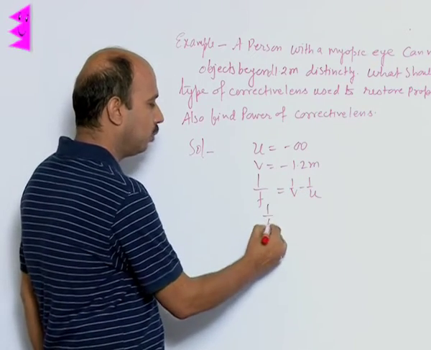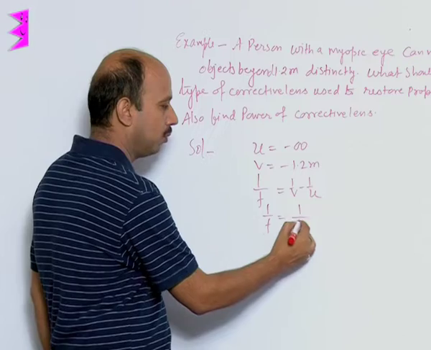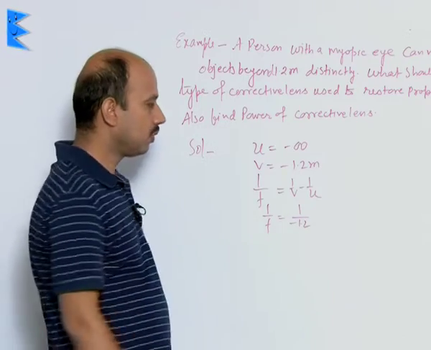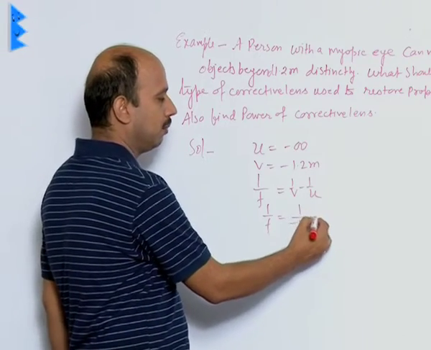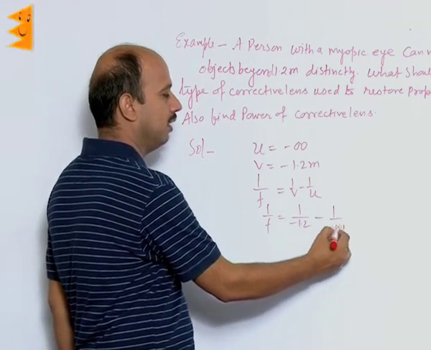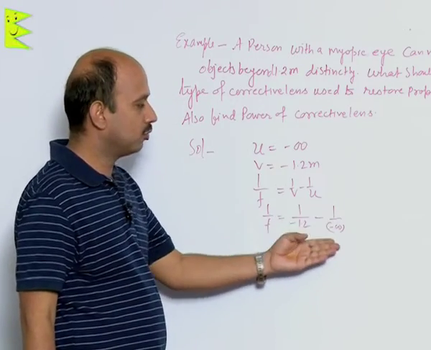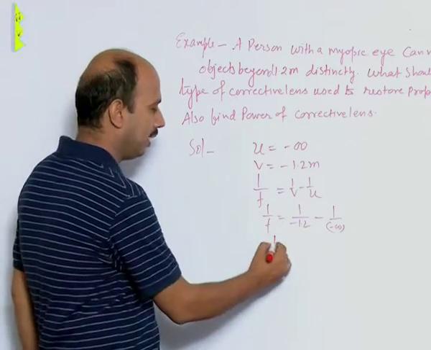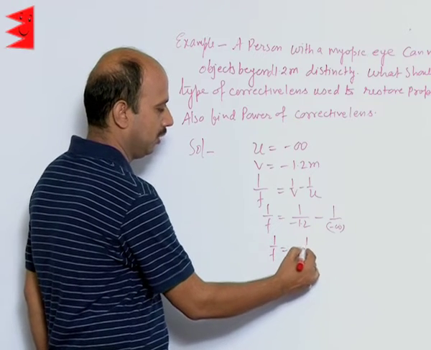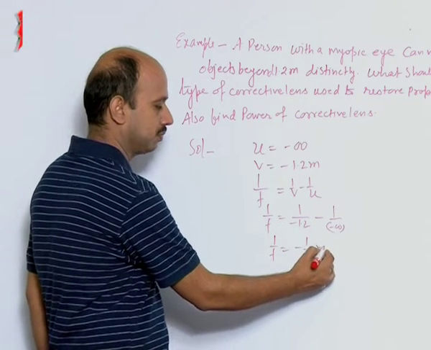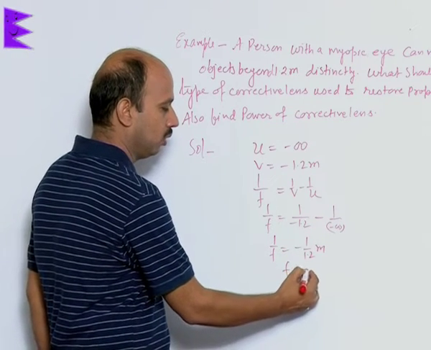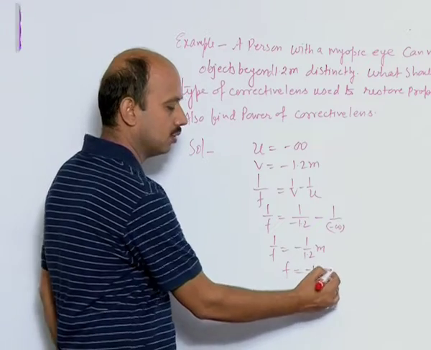So, we can write 1 upon f is equal to 1 upon minus 1.2 minus 1 upon minus infinity. Does it make any difference here? This part will be 0. So, we can write 1 upon f is equal to minus 1 upon 1.2 meter. So, f is equal to minus 1.2 meter.